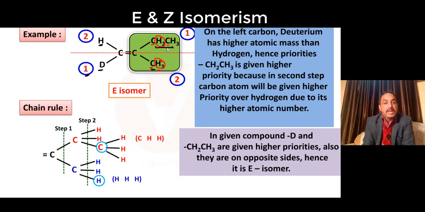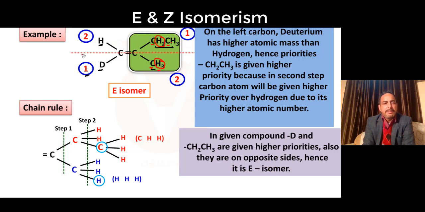So this is the larger group, because the carbon atom has higher atomic number, so it will be more preferred. Preference will be given to this group, so it has the highest priority. It is 1, and this is 2.